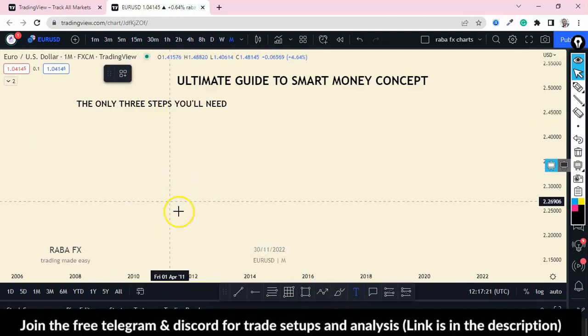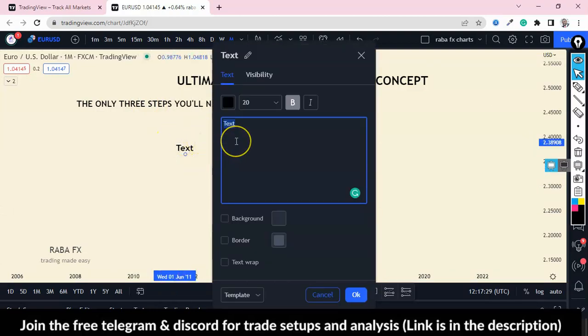The first thing you are looking for is 1, liquidity. 2, you're looking for change of order flow. And 3, you're looking for point of interest.